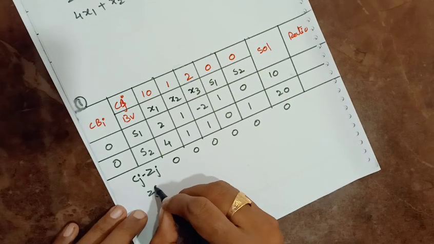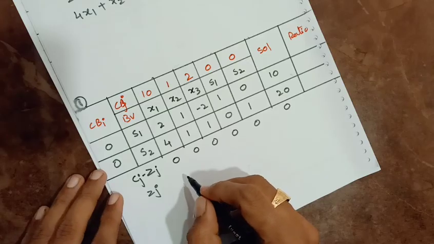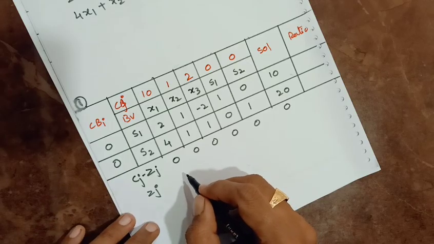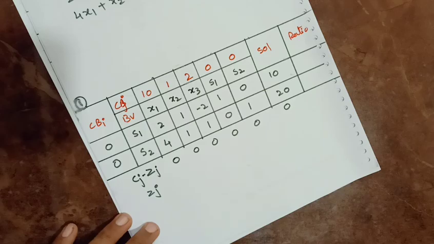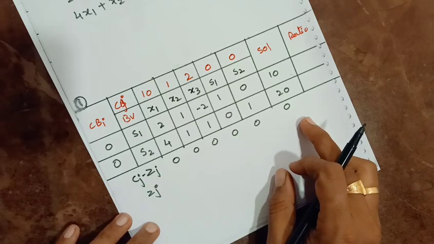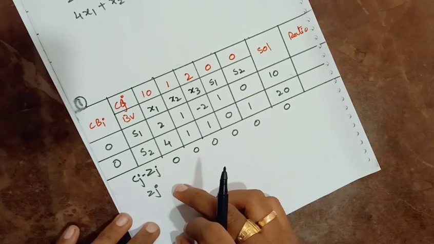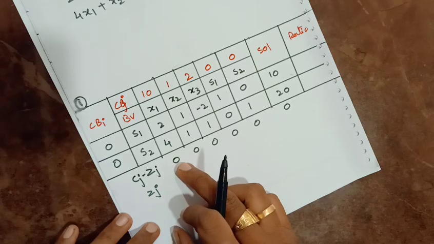So Zj, Cj minus Zj. We got zeros for Zj, and Cj minus Zj, 0 minus 10.